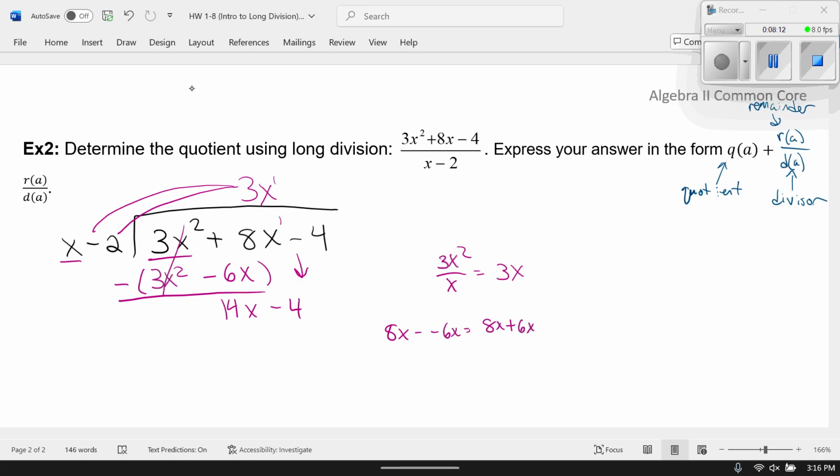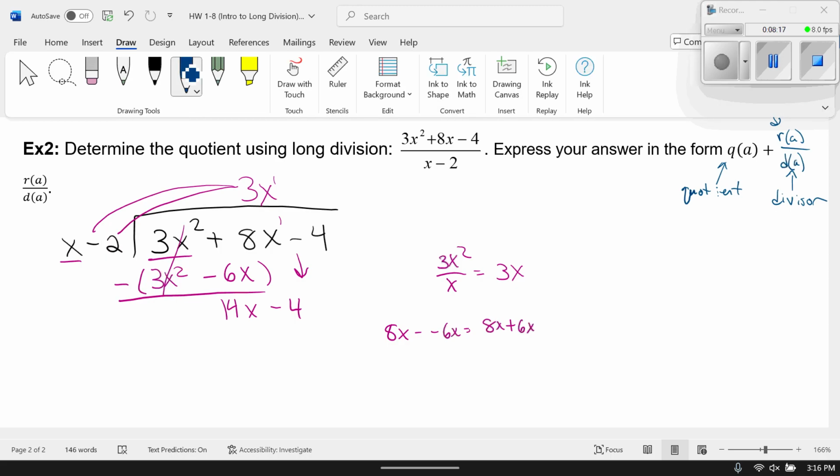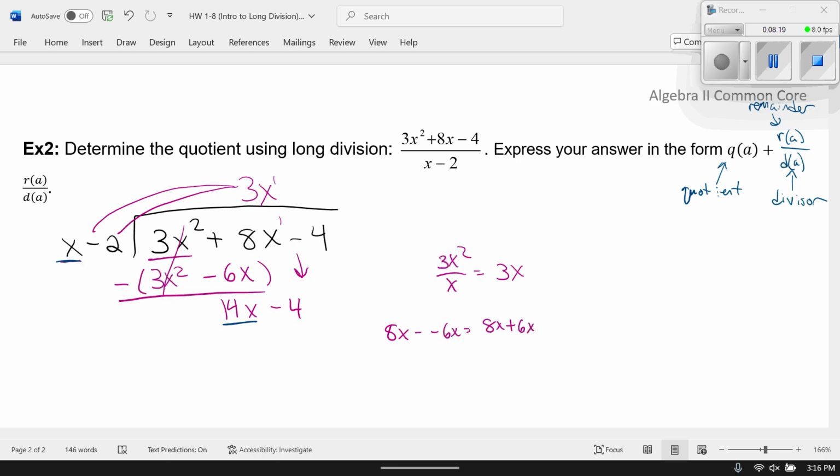And we will repeat the process. Now we have 14x divided by x. That is 14. 14 is a constant. I'm going to put it above my constant of negative 4. And we multiply. 14 times x is 14x. 14 times negative 2 is negative 28.